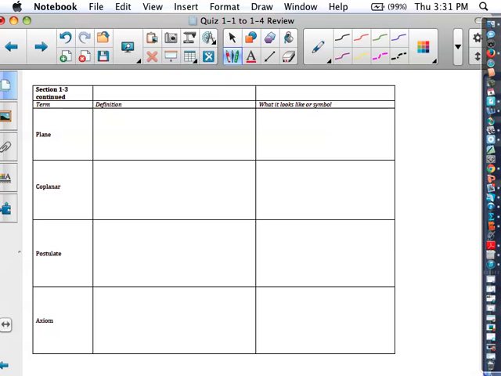Next is a continuation of section 1.3. The next is a plane, and a plane is a flat surface that has no thickness, and it is 2 dimensions.